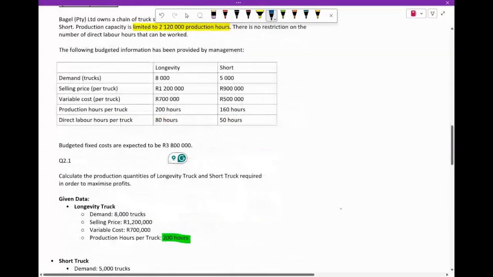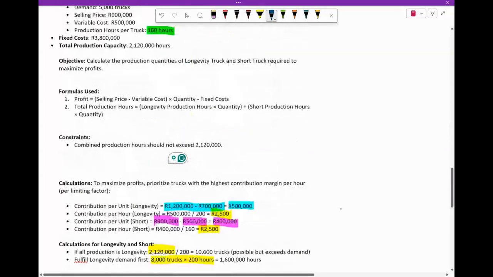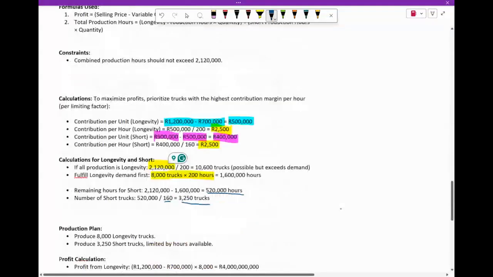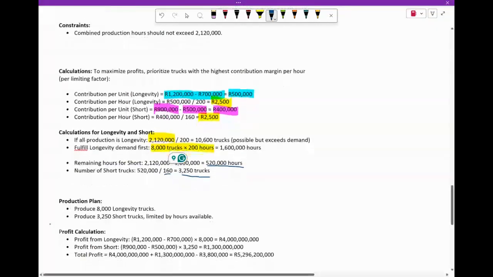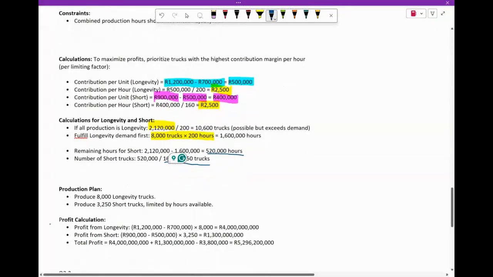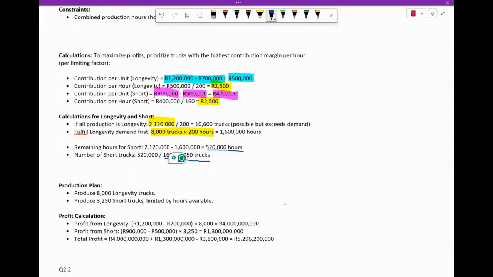Oh, so we can't meet the demand for both trucks. Or we can't produce all the trucks that we would have wanted for both. So now you can see this is your final production plan: 8,000 of longevity and then 3,250 of short, due to limiting hours.